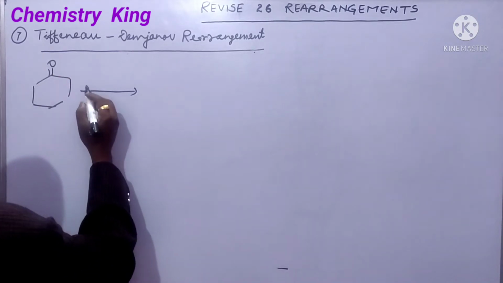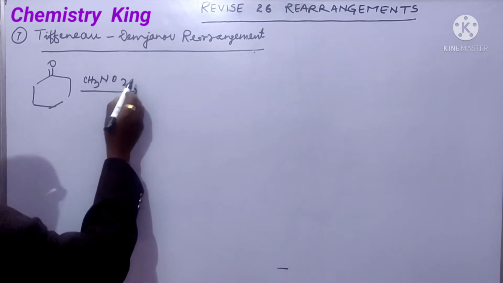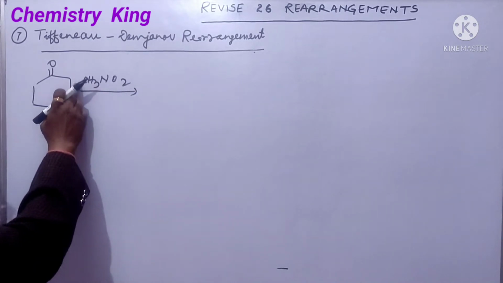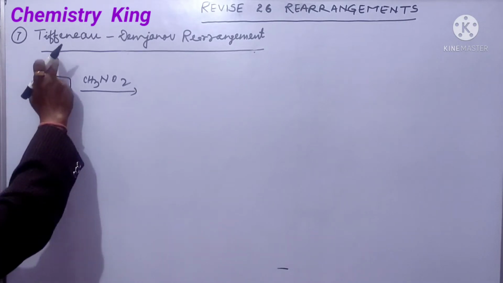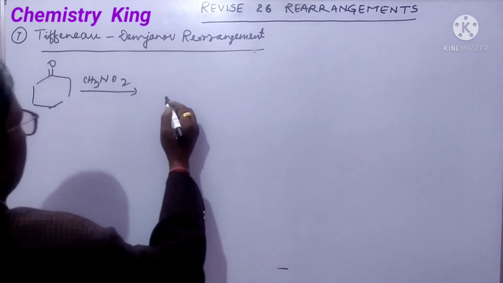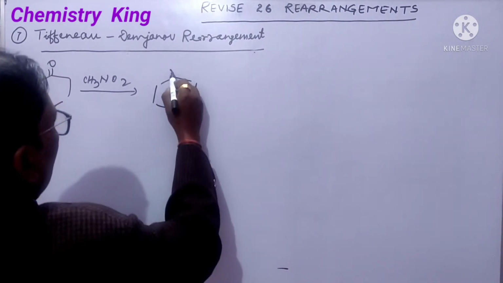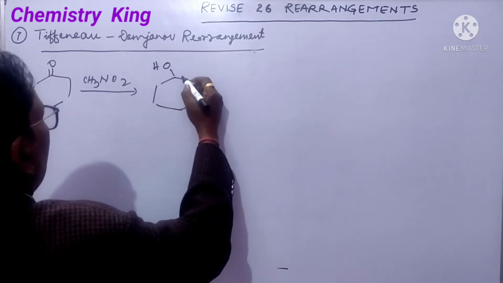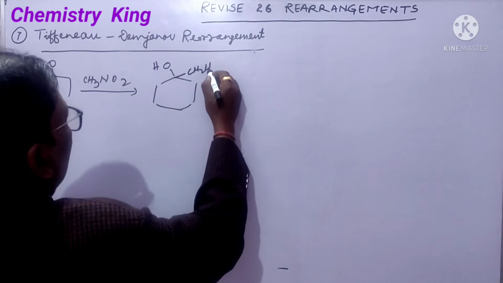When it is allowed to react with nitromethane, carbon-hydrogen bond will break and this pi bond will break. Hydrogen will come here and the rest residue will come here. OH, and here it is CH2NO2.